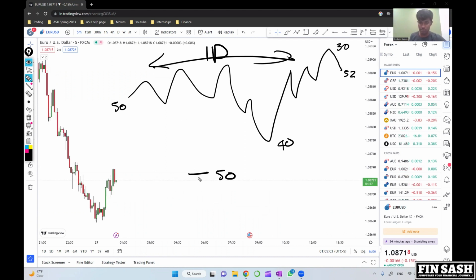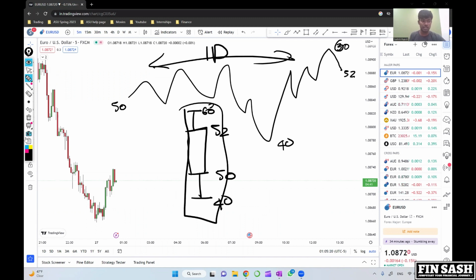It opens here, made a low of 40, went higher, made a high of, sorry, this should be 60. Sorry. Made a high of 60 and closed at 52. This is how the candlestick would be, and it would be a green candle, right?